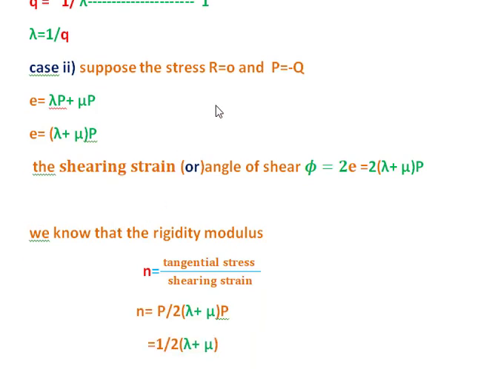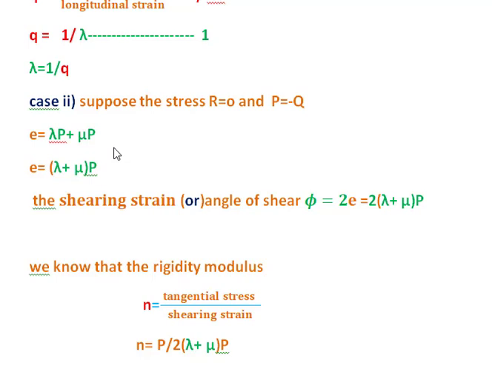In the second case, suppose Q only acting. Suppose the stress R is equal to 0 and P is taken as minus Q, in the opposite direction of the force. Q is acting in the opposite direction of force P. Then this equation is modified.